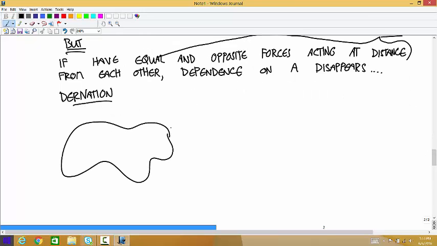Okay, so here's just some arbitrary object, and here's the about point. Over here we'll call this point P1, and at P1 we have a force F acting. Then somewhere else we have a point P2, and at P2 we have a force negative F acting.